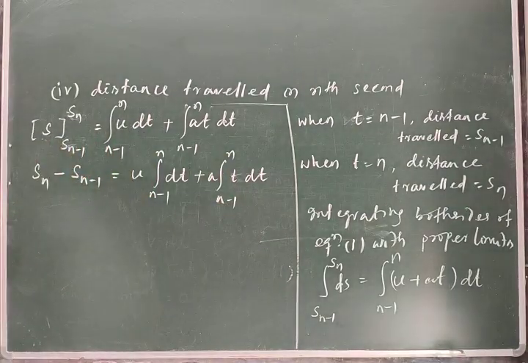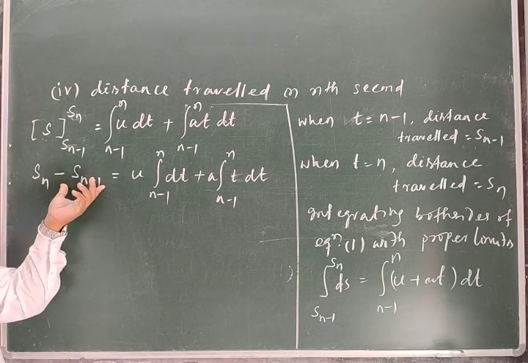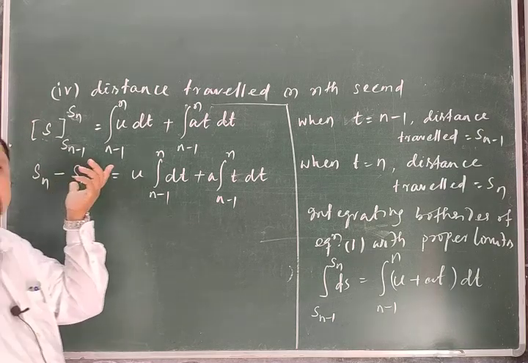Got it? Keep this in your mind. Then this is the total distance in n seconds minus the total distance covered in n-1 seconds, that is, total displacement in n seconds minus total displacement in n-1 seconds.